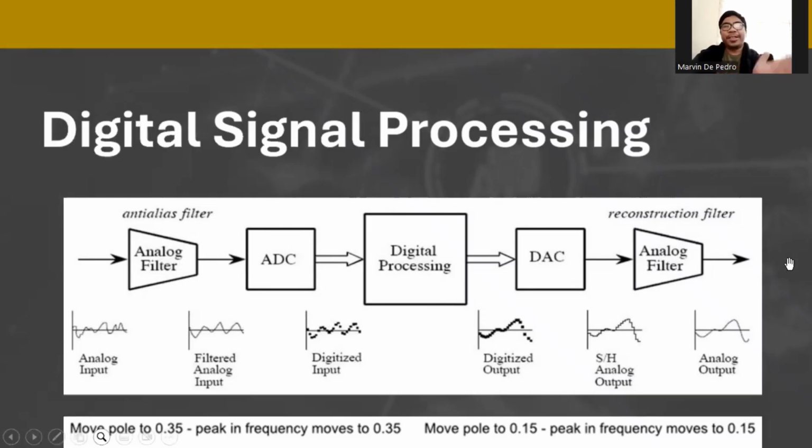On the other hand, we remember the quantized signals are like a staircase, and we want to reconstruct them. We want to return them to their analog form, meaning we want to connect the dots. Now that we are done with the processing, we have another analog filter called the reconstruction filter.